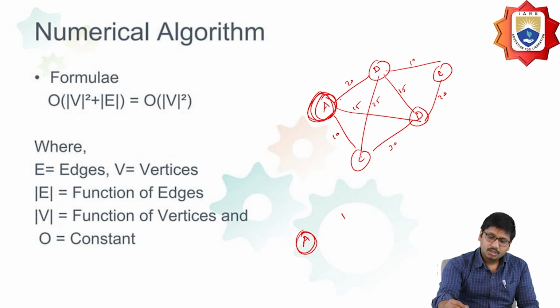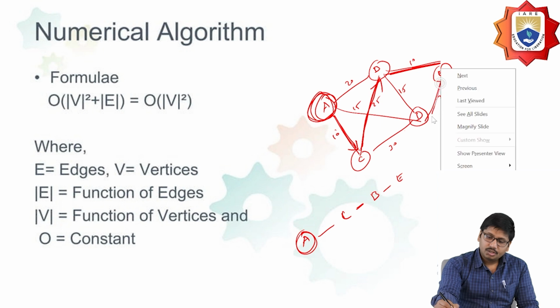The minimum cost. That's why I'm going to move from A to C, since this should be the minimum one. From C, it should be 30 and 25 there, so I'm going to choose this one next, C to B. And from B, I have to choose the next minimum, that should be 10, so B to E, and from E, C to D is the only thing I'm going to have.